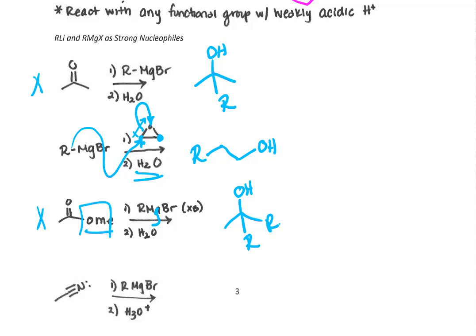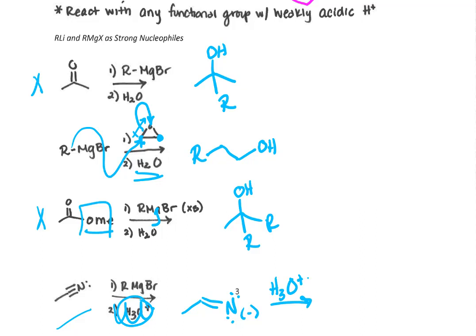In this final reaction down here, when a Grignard encounters a nitrile, what ends up occurring is you get this as an intermediate. Once this imine is protonated with the acid, it goes through another series of steps. All right, so pretend that didn't happen yet.